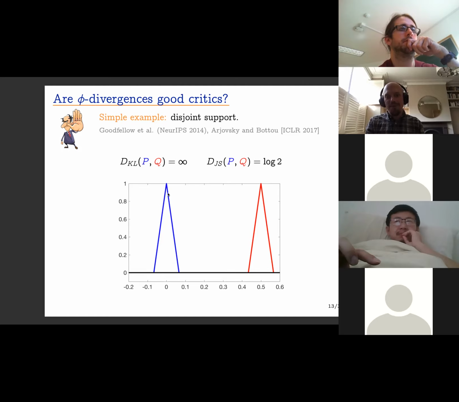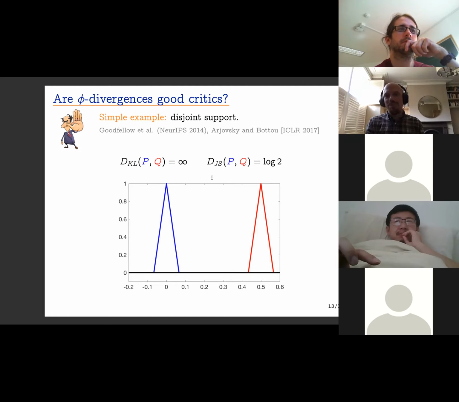In our figure here, I've shown the density functions rather than showing points drawn from them. And in this instance, the support of the blue and the red is disjoint. So the ratio of P to Q isn't defined here, and in this case, the KL is defined to be infinite.